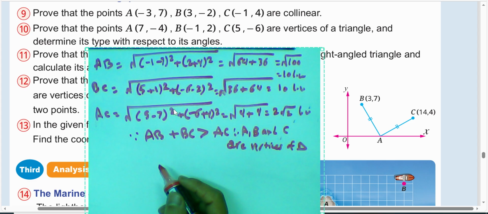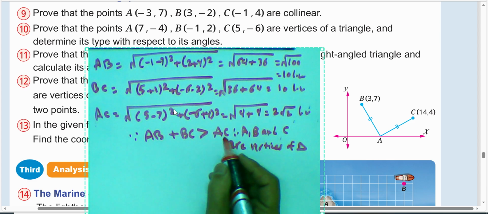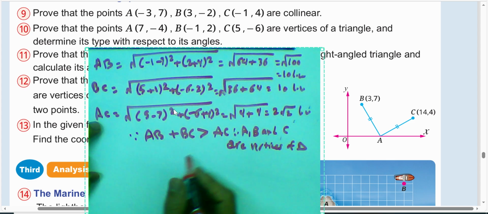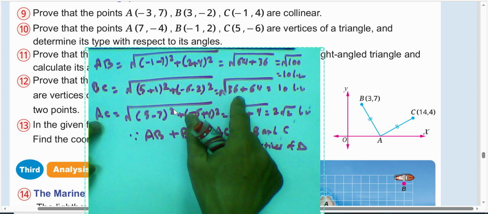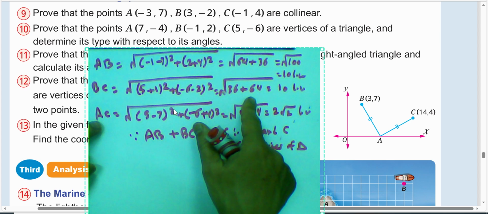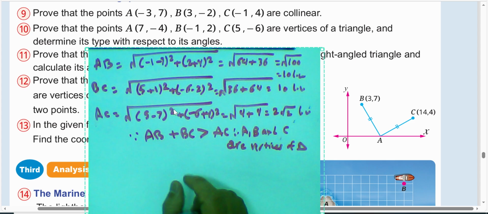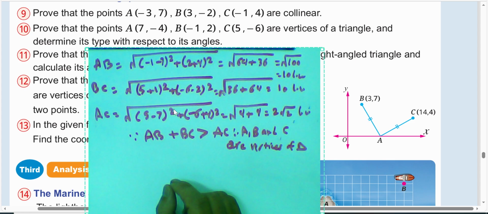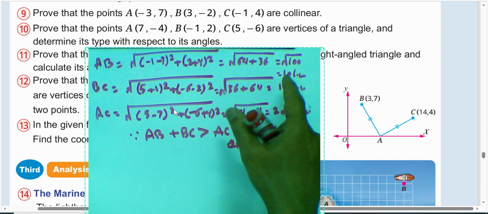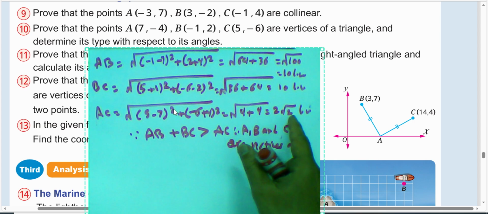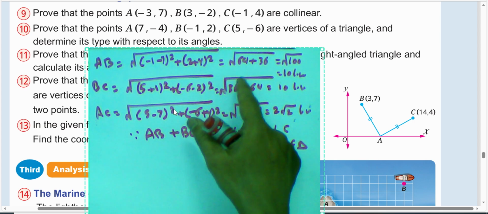We can compare the greatest side, squared. The greatest number will be what? We have 100 and this here 100. It is isosceles. I want to compare the greatest number squared: we have 10 and 10, and 2 root 2, the square root of 8, the square root of 100.